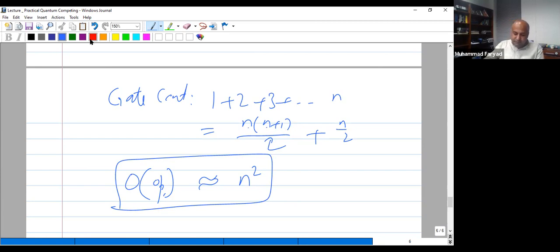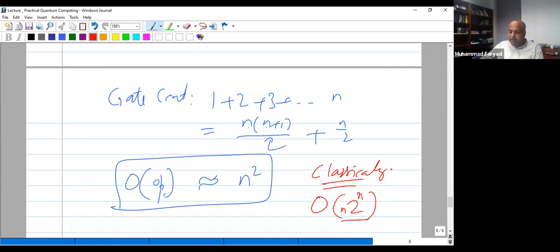And classically, the best algorithm so far that people have been able to discover to implement the discrete Fourier transform actually requires operations of the order of n into 2 power n. So this is increasing exponentially in the size of the number of bits for the Fourier transform.